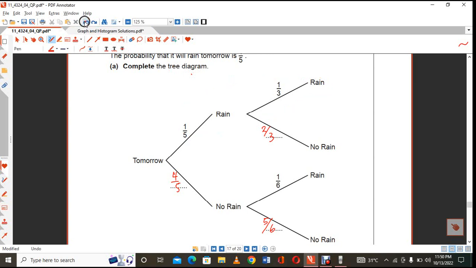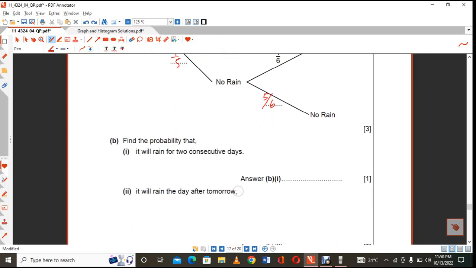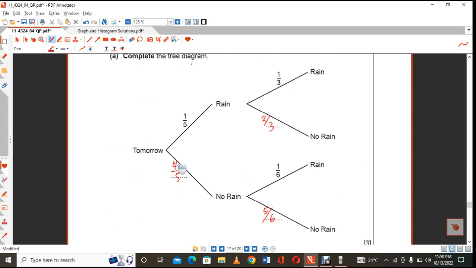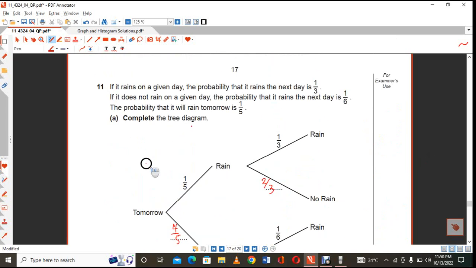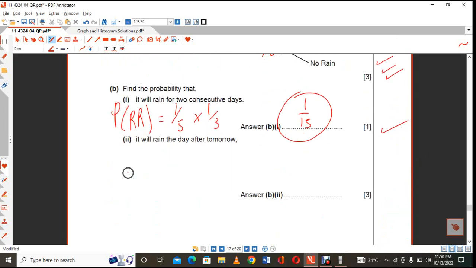So the probability of rain in 2 consecutive days is 1 over 5 times 1 over 3, which is 1 over 15. Anything equal to that, so maybe a decimal, but 1 over 15 is pretty much okay. Some people go and write these things as percentages. No need.